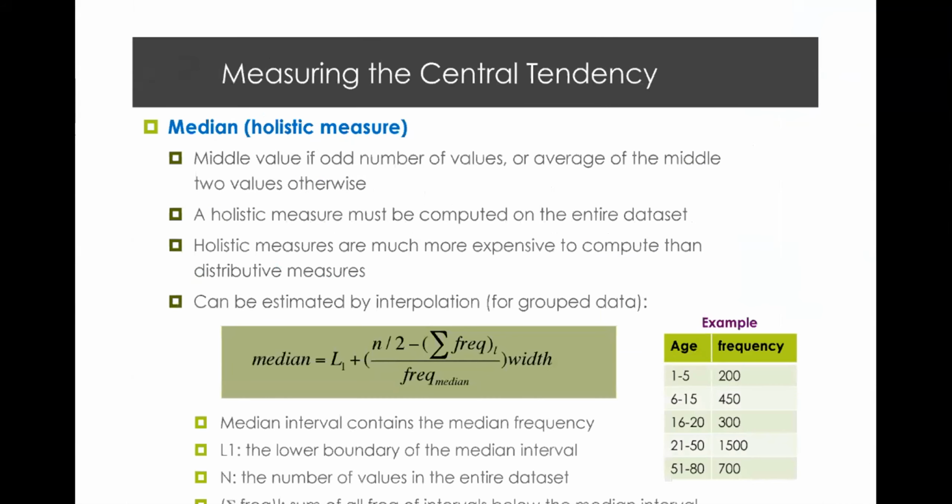In the middle, if there is an odd number of values, take the middle value, and otherwise the average of the two middle values.